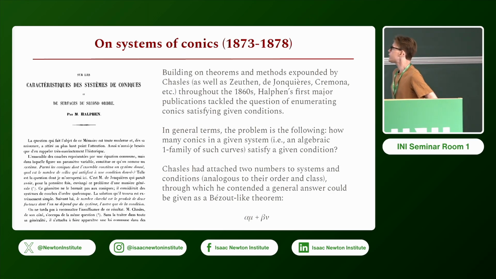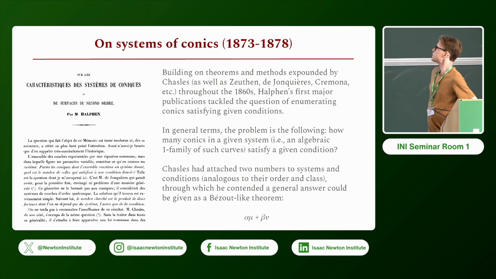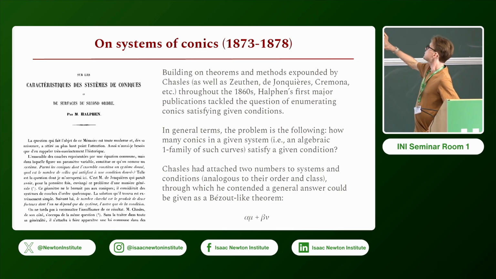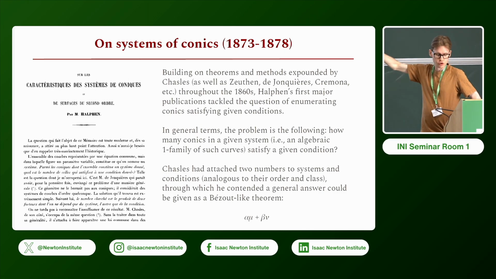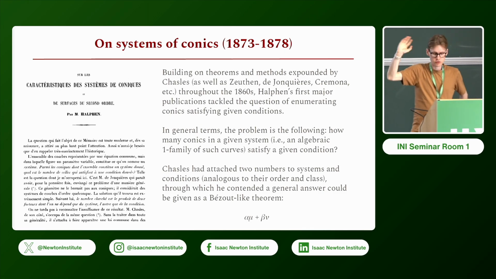And so he's tackling a question on which there's an extensive body of literature, the main question of which is how many conics in a given system, so an algebraic one-parameter family of conics in the plane, satisfy a given condition. For instance, touch a given curve, pass through a given point, and so on.